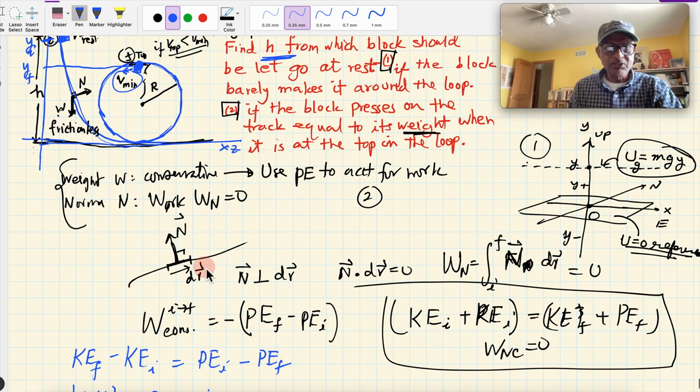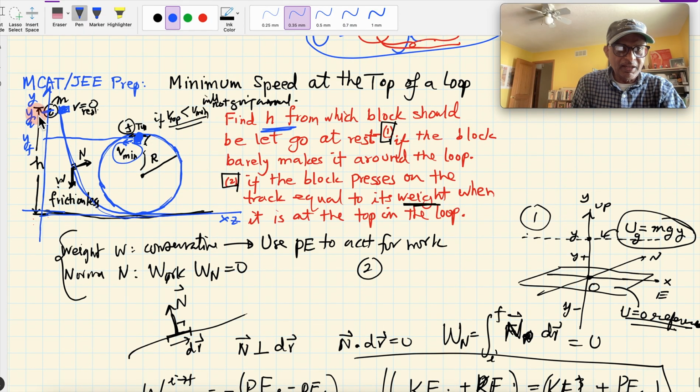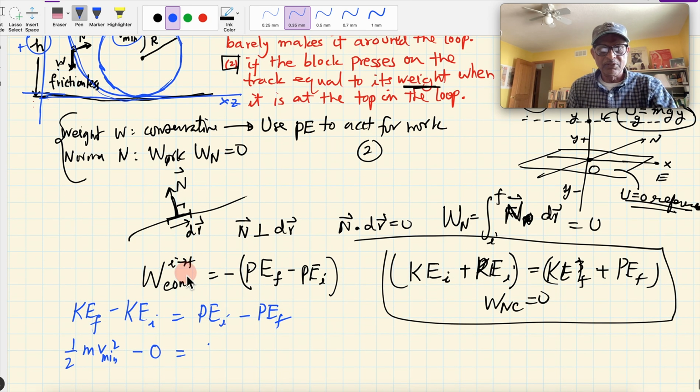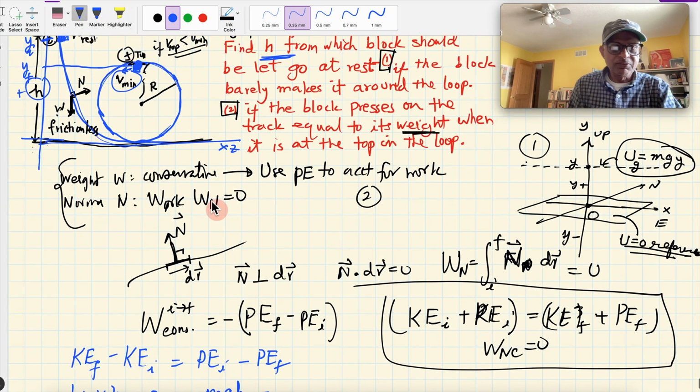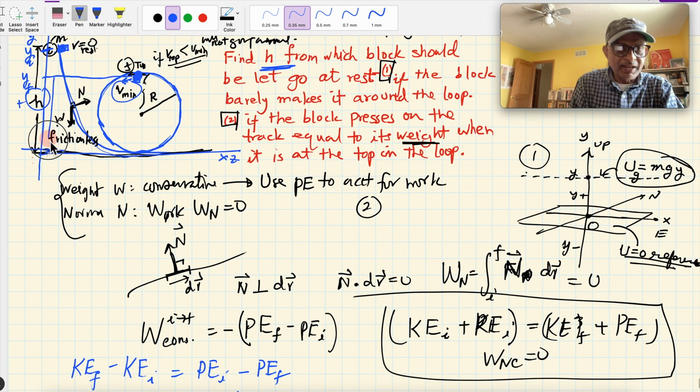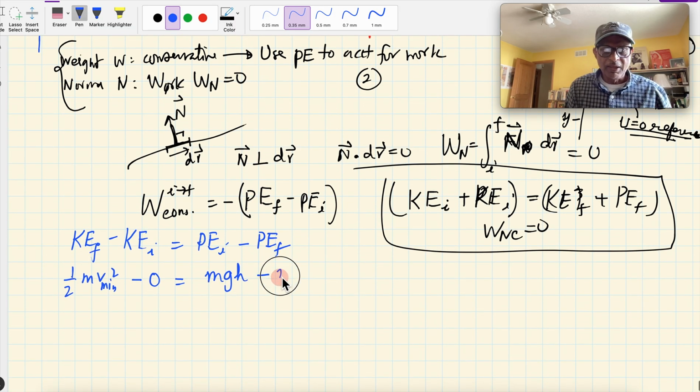Potential energy initial has y initial equal to h, which is positive, so it's mgh. What is the potential energy final? We have this height, which is 2r, so y final equals 2r, giving mg times 2r.